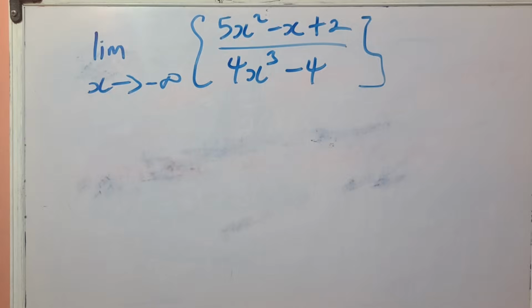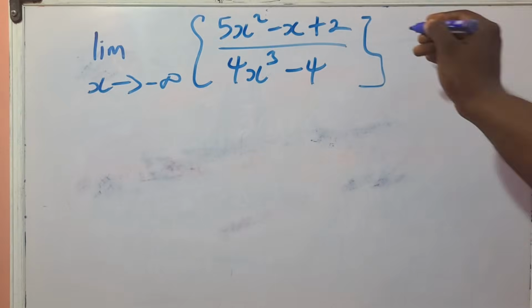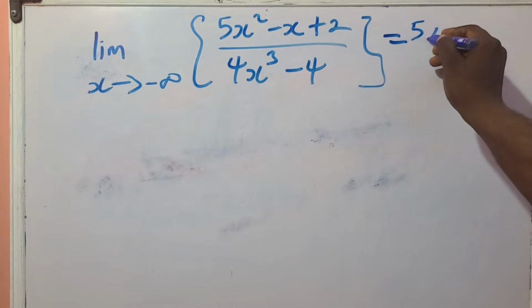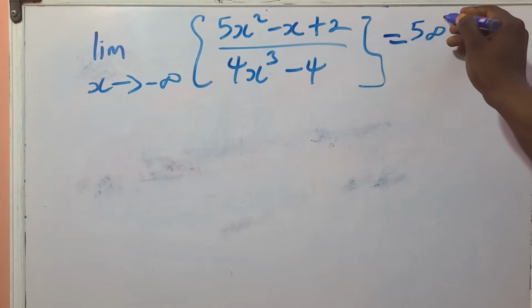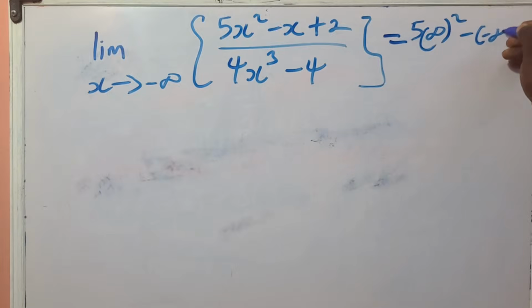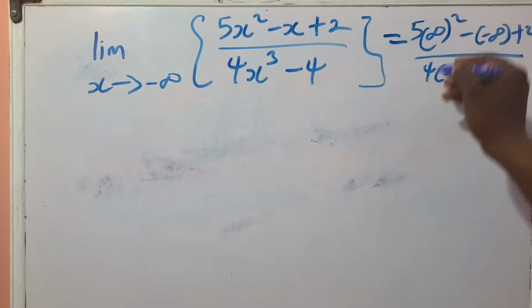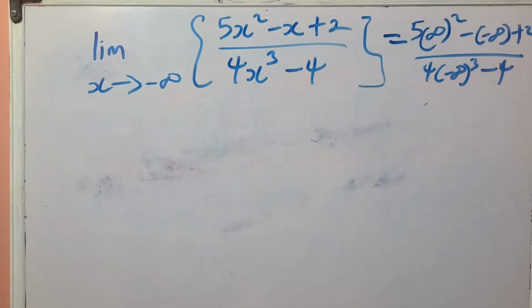And if you go on to fixing infinity as your x values, what you're going to get is not going to make much sense. It's more like having 5 infinity squared minus infinity plus 2, over 4 minus infinity cubed minus 4. Once you have infinity in questions like this, infinity is always going to produce infinity, so you'll be having almost infinity over infinity. So you will not be arriving at something tangible.